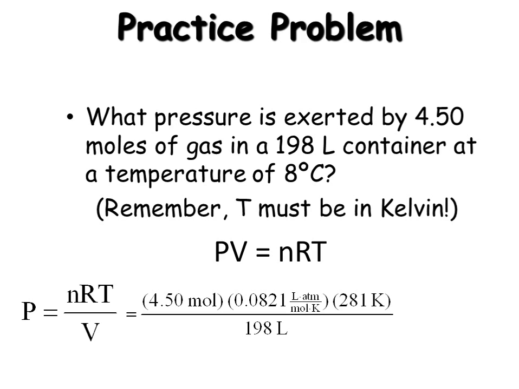So we have 4.5 moles of that, times the ideal gas constant 0.0821 liters atmospheres per mole Kelvin, times our 281 Kelvin, which is the equivalent of 8 degrees Celsius, divided by the volume of 198 liters. We see that the units factor out: moles and Kelvin factor out, and the liter units factor out, leaving us with units of atmospheres.